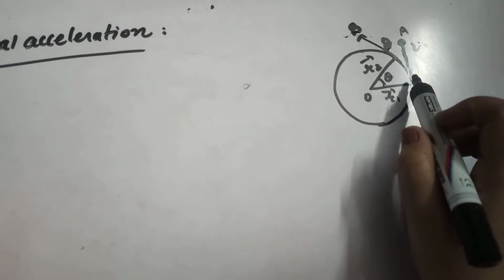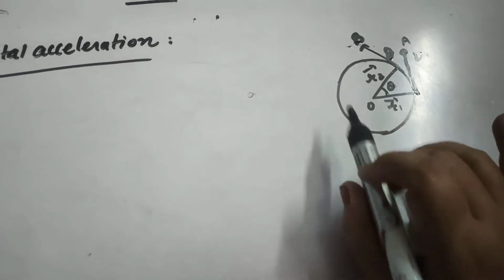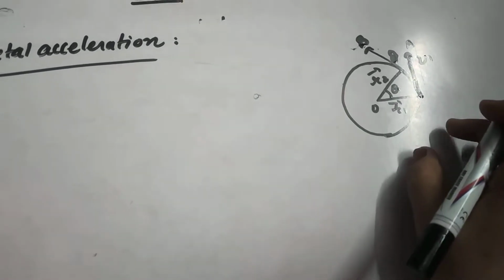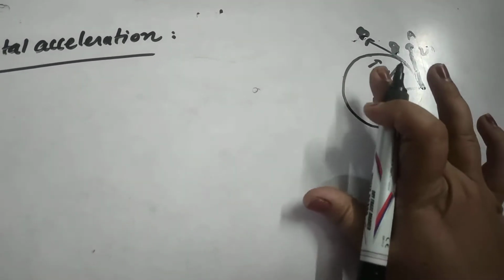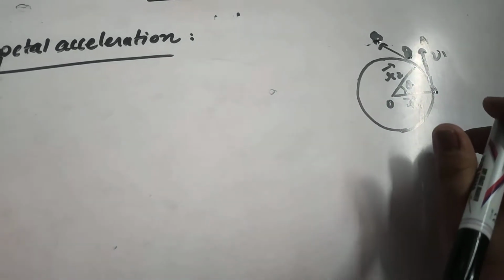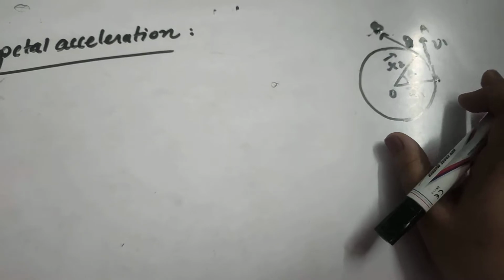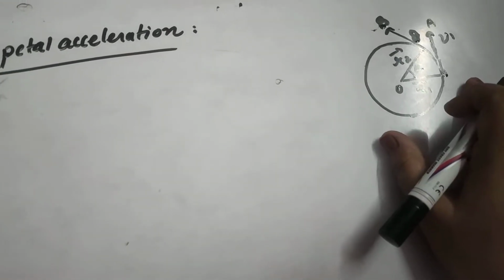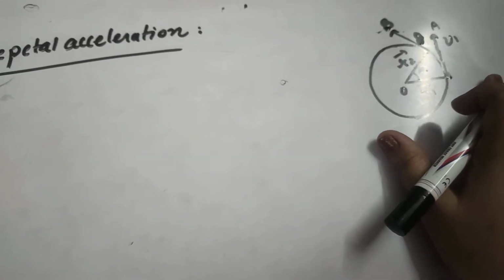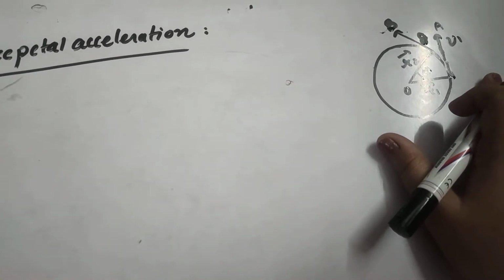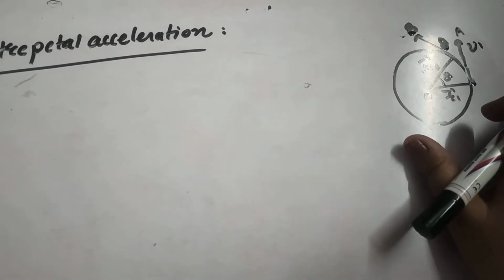Suppose at point P, and at another point, the value of v is the same. But since the direction is changing at every instant of time, the body has acceleration, and this acceleration acquired by the particle while moving in a circular path is known as centripetal acceleration.